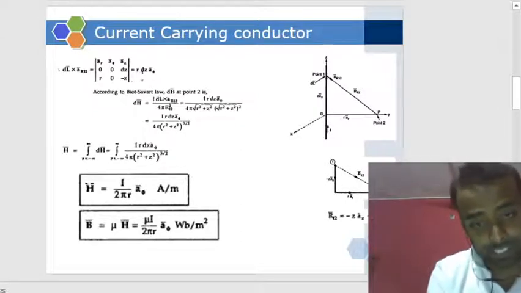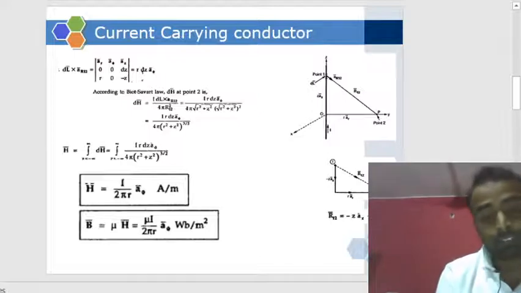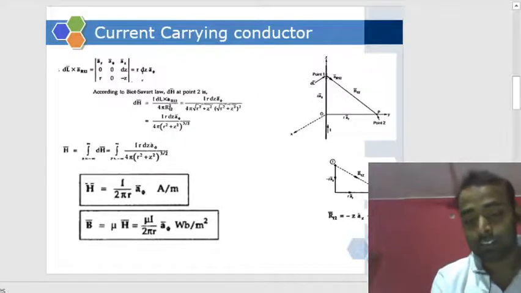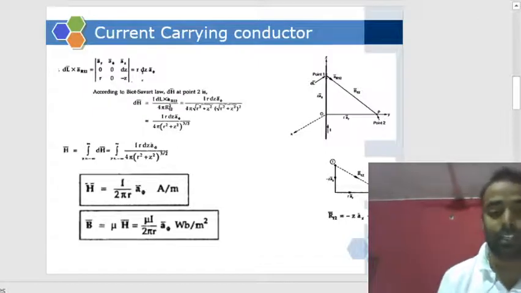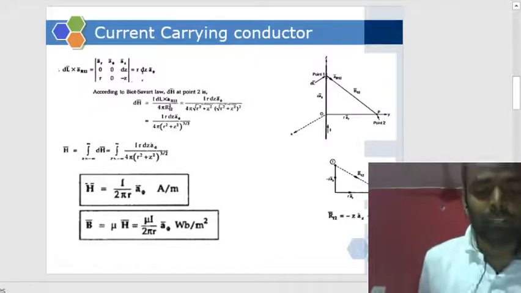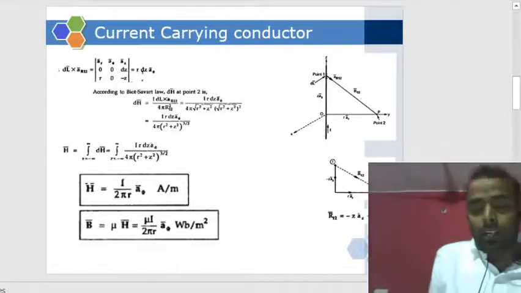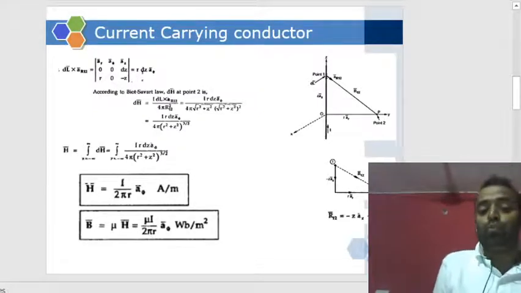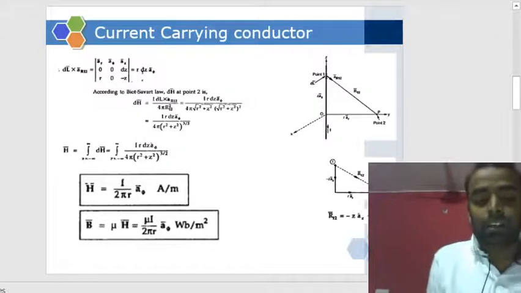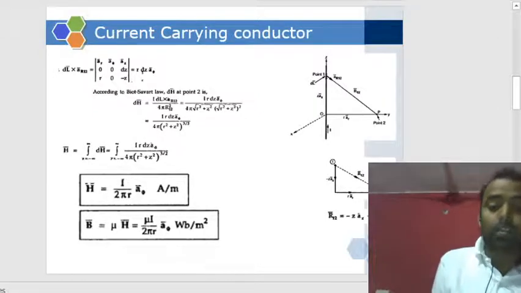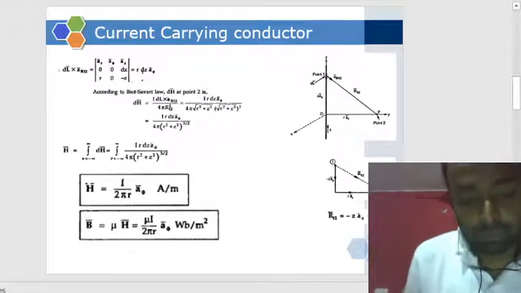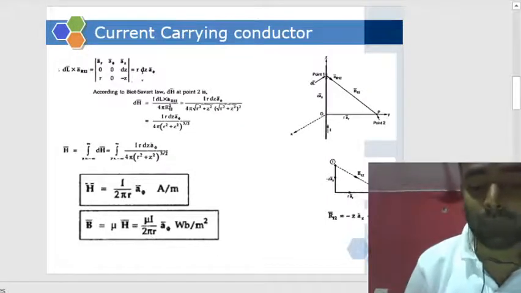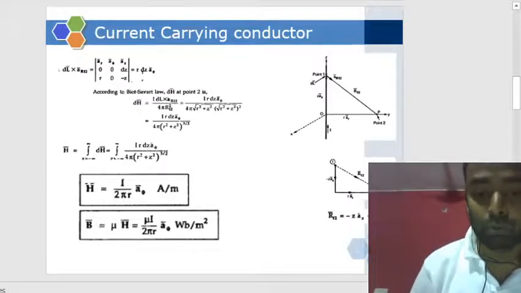We'll integrate it, and once we integrate, we'll get the expression of magnetic field intensity. Once we get the magnetic field intensity, we use the relation B is equal to mu H, the relationship between flux density and field intensity in magnetics. So we'll multiply H with mu and we'll get B.